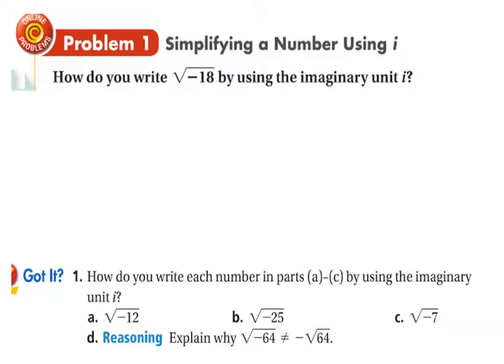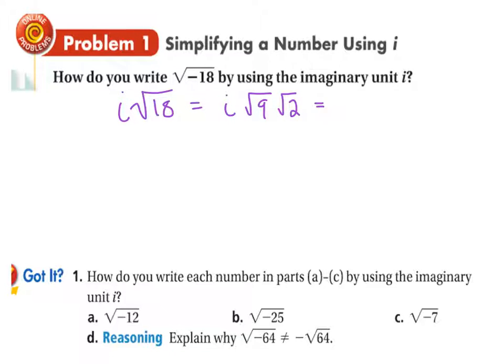And so writing the square root of -18 using the imaginary unit i, all we really do there is first of all, i times the square root of 18. And then I still have to reduce that square root of 18. So we would do i and then the square root of 9, square root of 2.